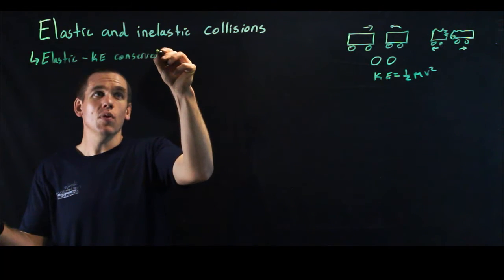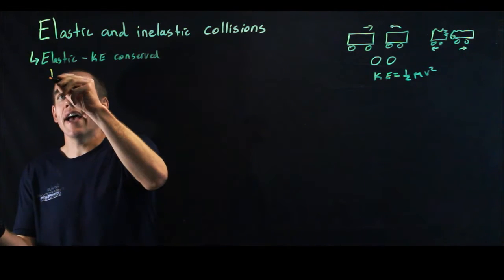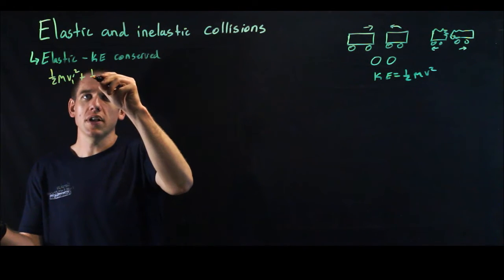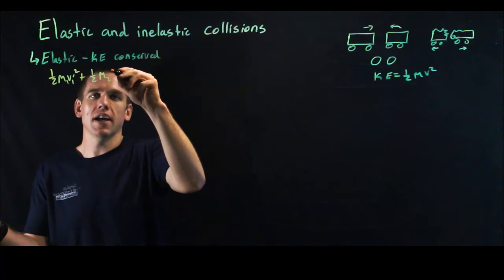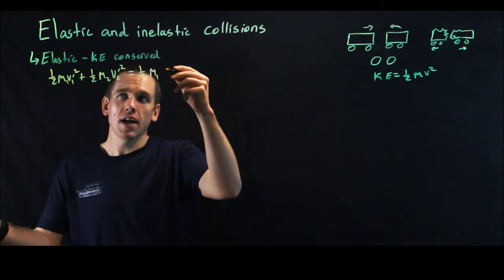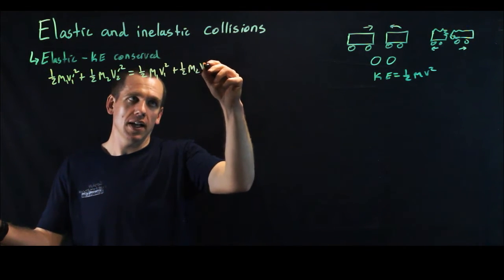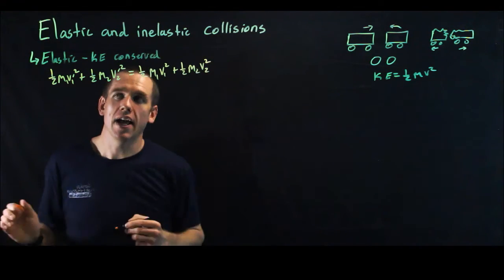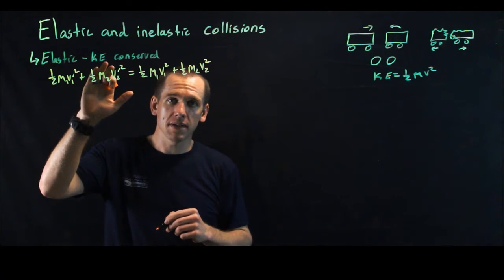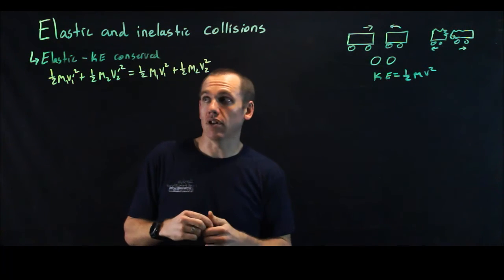And so there's an equation for that, and that equation is simply 1/2 M1 times V1 prime squared plus 1/2 M2 times V2 prime squared equals 1/2 M1 times V1 squared plus 1/2 M2 times V2 squared. Now, V1 prime refers to the velocity before the collision, V2 prime refers to velocity before the collision, V1 refers to velocity after the collision, and V2 refers to velocity after the collision.